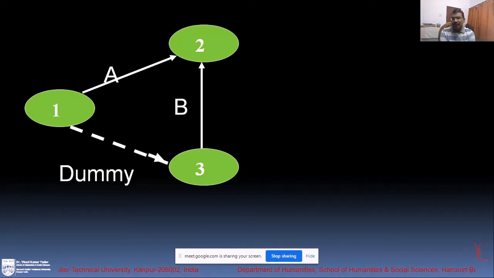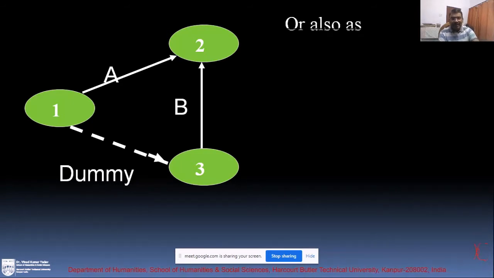So A activity is 1 to 2, B activity is 3 to 2, and this activity 1 to 3 is considered as a dummy activity because it does not have any time or duration. They're starting at the same time.